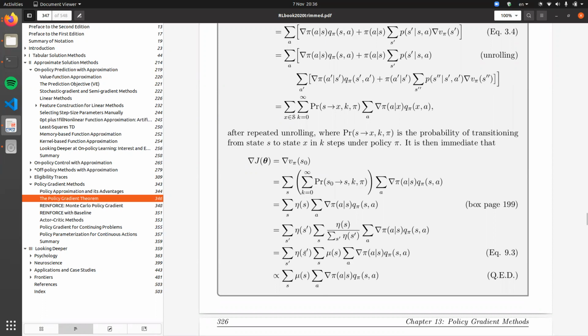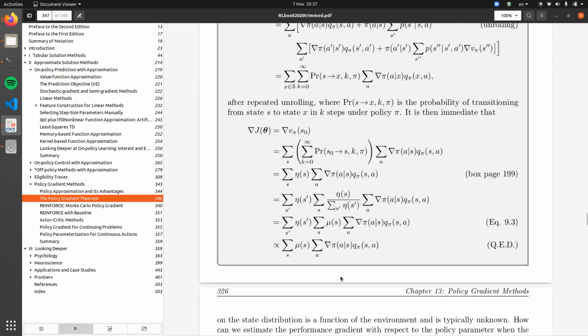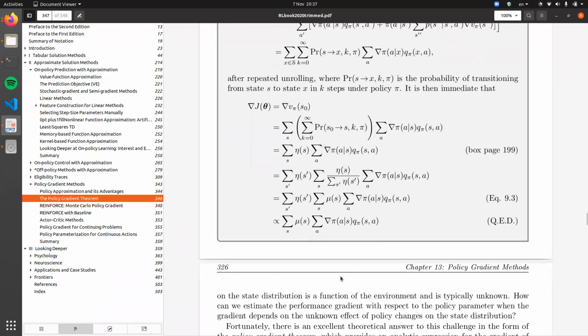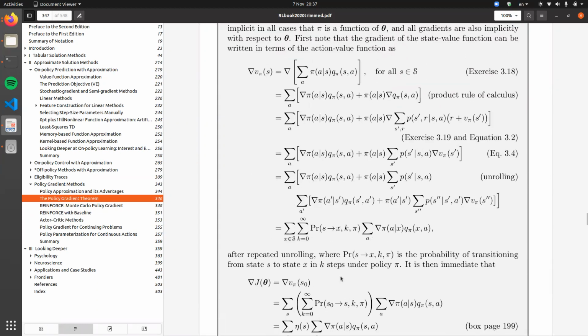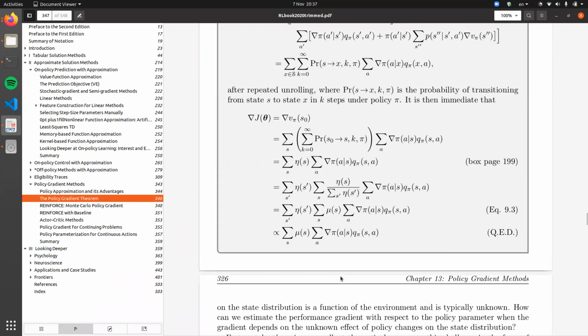Summing over all of the states, we get to something proportional to the sum over the distribution of states multiplied by the sum over actions of the gradient of the policy multiplied by the values of those states. I'm not sure if me reading these formulas helps.